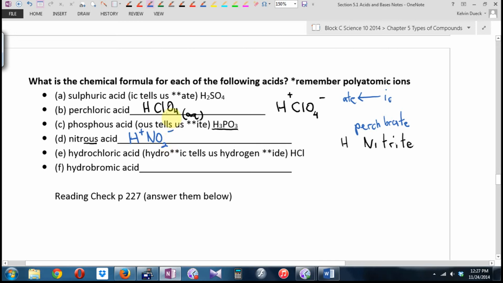NO2, and it's got a negative. So when I crisscross, I guess the actual formula is going to be H1, which I'm not going to bother writing, NO2, 1, which I'm not going to bother writing. That there is, and then put it in water, AQ. That's nitrous acid.